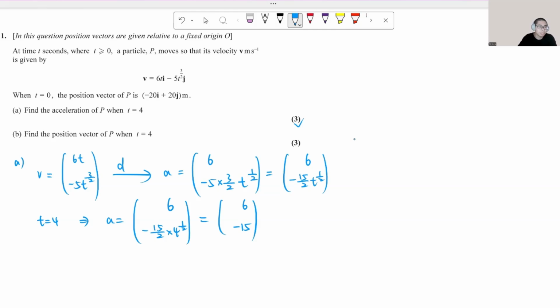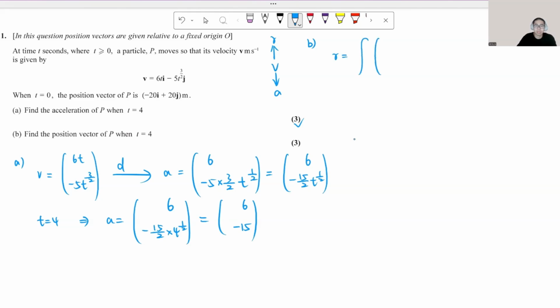And then part B, find the position vector of P when t equals 4. Again, if we differentiate velocity, we will have acceleration, and if we integrate velocity, we will have the position. So let's do the integration. Integrating velocity gives us the position.